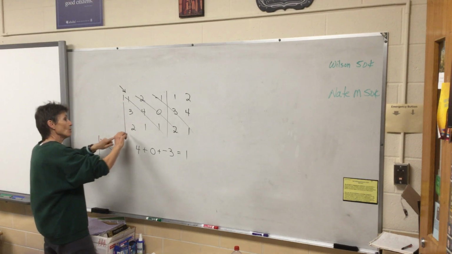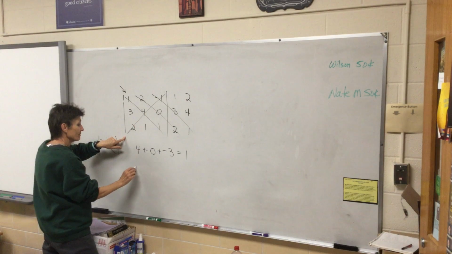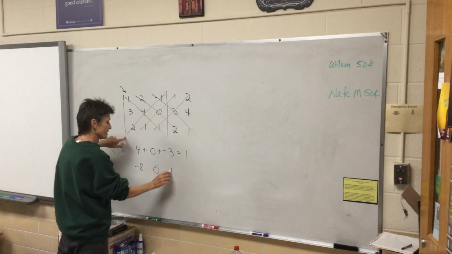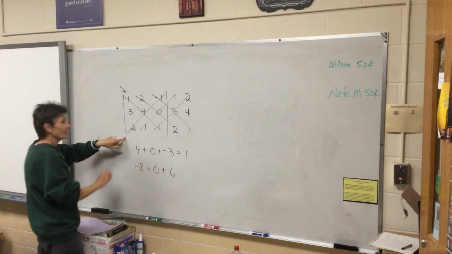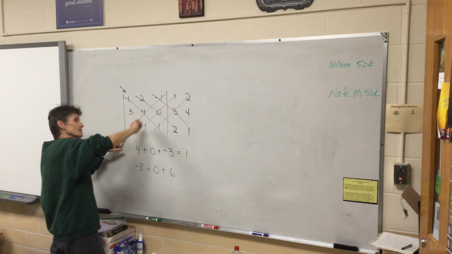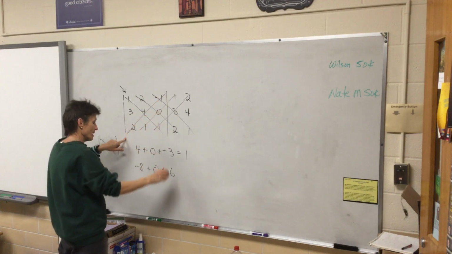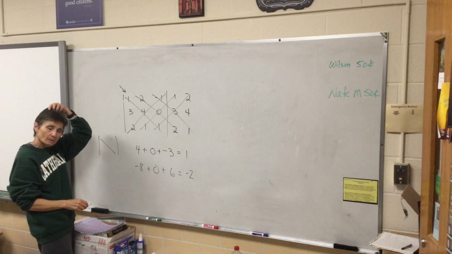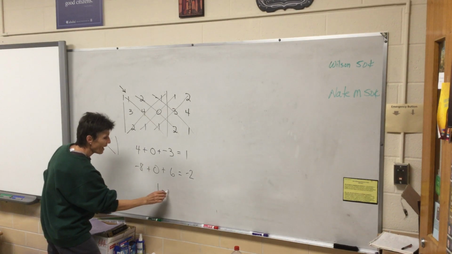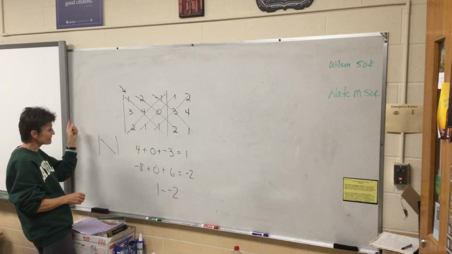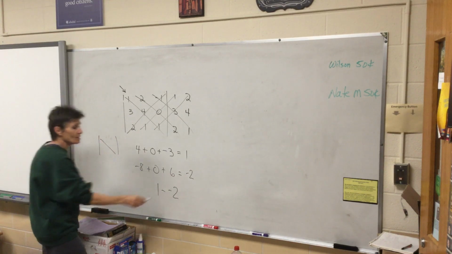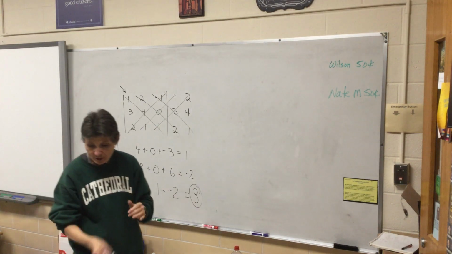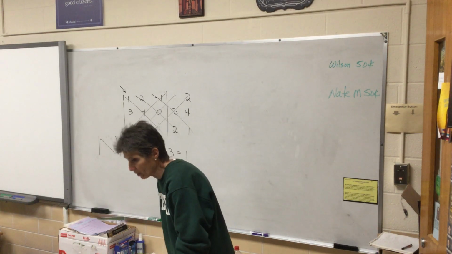Then we go backwards. So here we go. Up. I got -8, 0, and 6. And I'm going to total those up. So -8, 0, 6. That gives me a -2. And then I subtract, always subtract, down minus up. So the answer to that is 3. Remember, the answer to a determinant is always just a number.